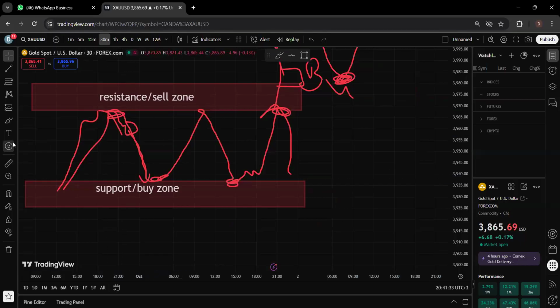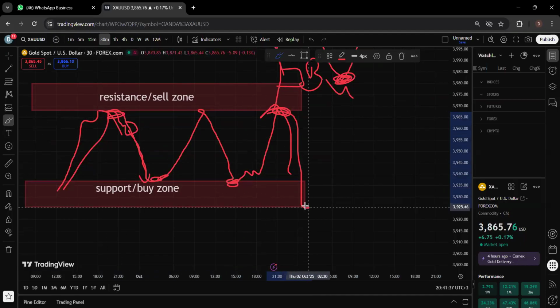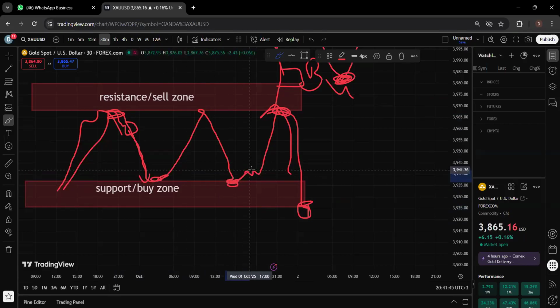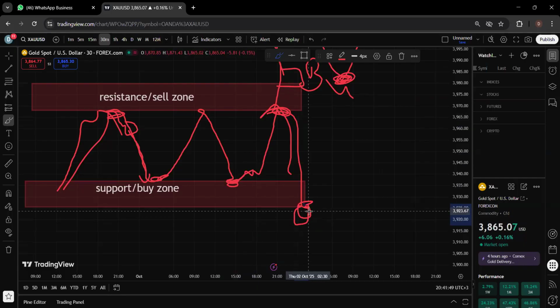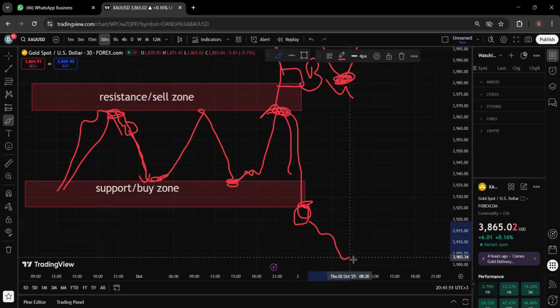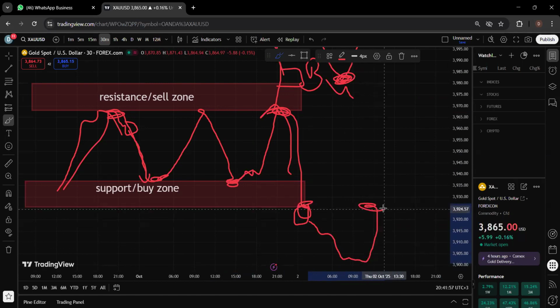Now, what about the sell side? If this market comes all the way down and breaks below this support with a body, what will happen? We sell. It was supposed to be a buy if we get signs of rejection, bullish moves. But if a candle closes below this area, it's time for us to sell and target our next support. Then this will be our resistance.